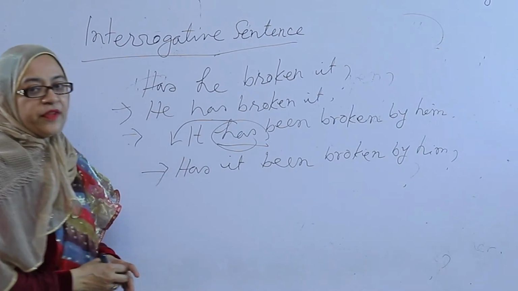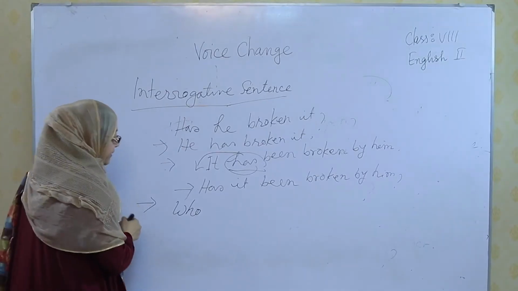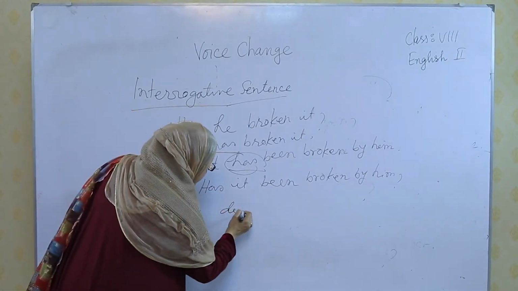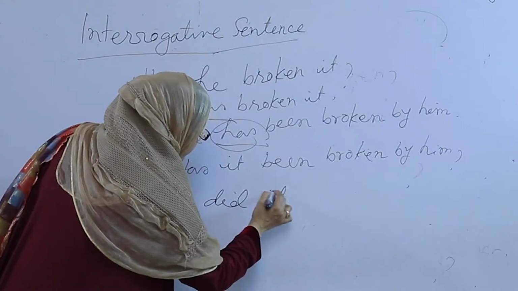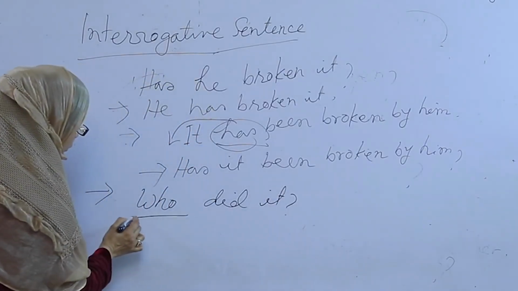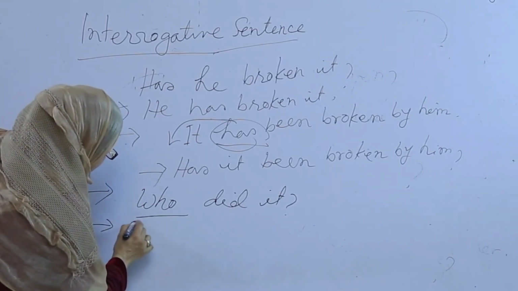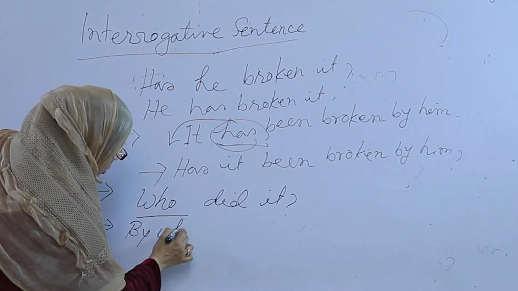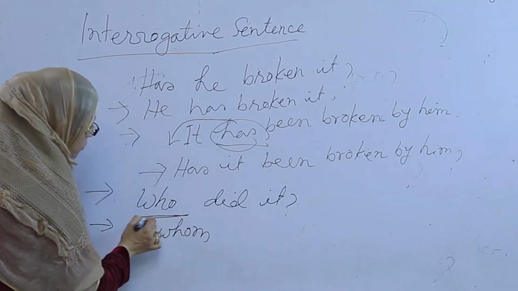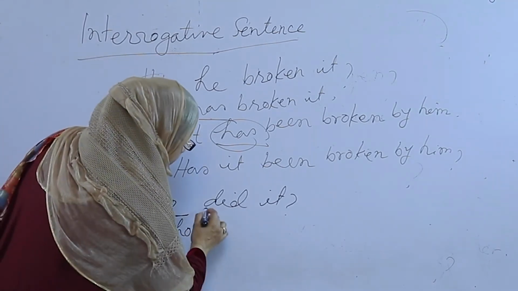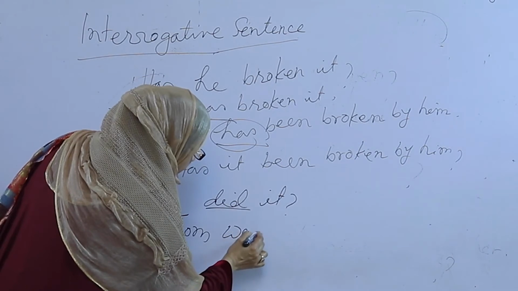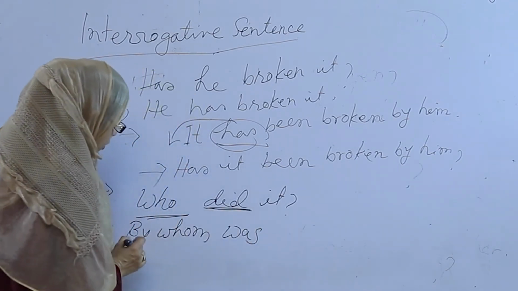Look at another example: who did it? When we turn it into passive, we use by whom instead of who. By whom. Use the be verb was because it is past form.